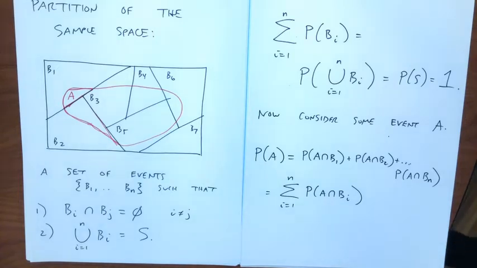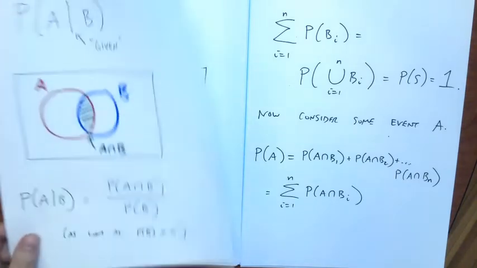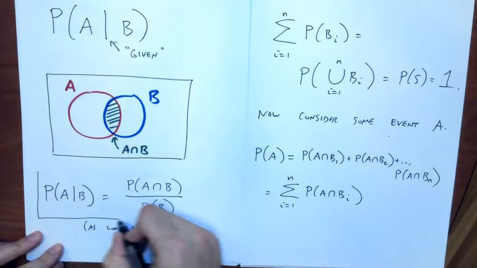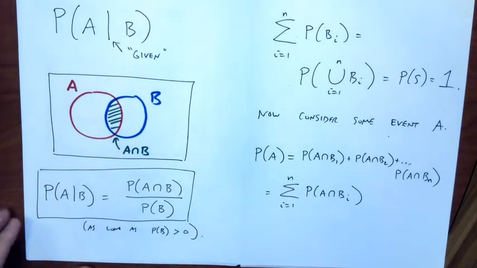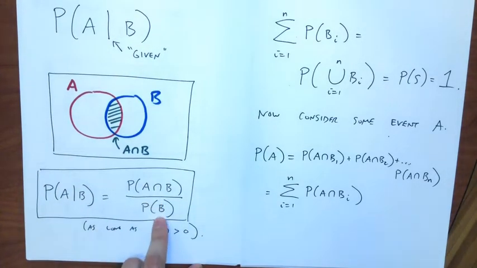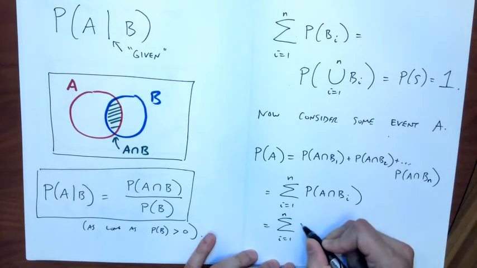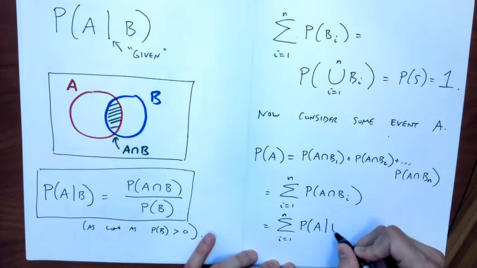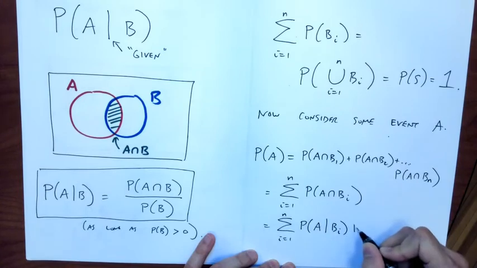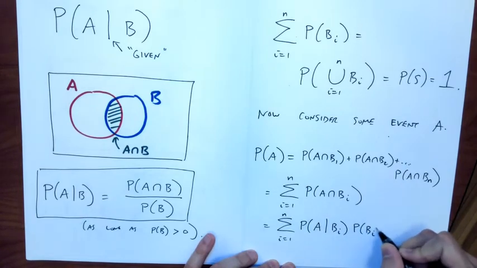And now I'm going to use my little conditional probability definition from before, right? Remember that we defined a ways back, if I can find my sheet, this key definition of conditional probability. I'm going to move the denominator over onto the left-hand side and say this is the same as the sum from i equals 1 to n of the probability of A given event Bi times the probability of Bi.